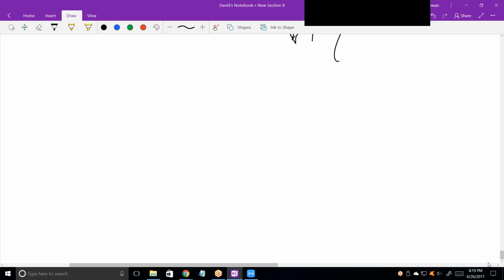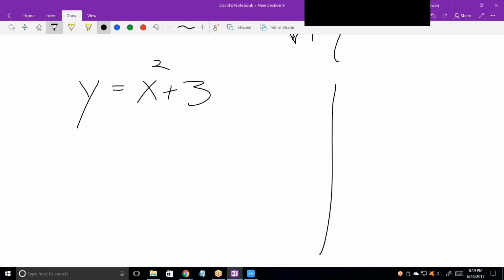Give you another one. How would I graph it? It's a parabola whose vertex is where?